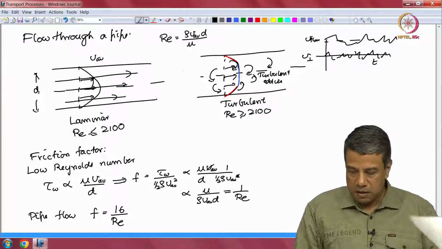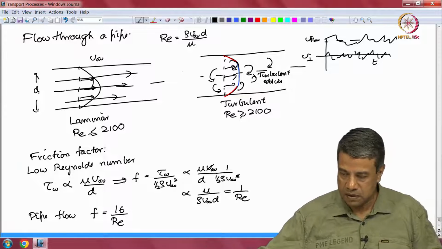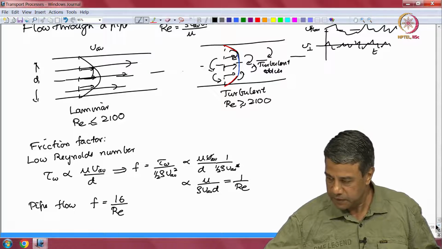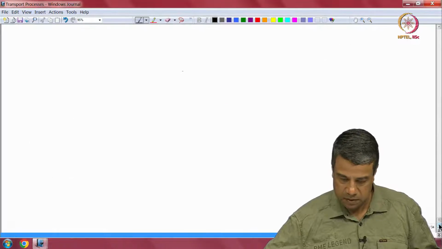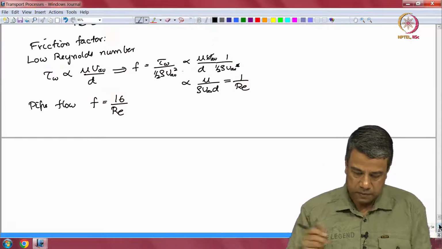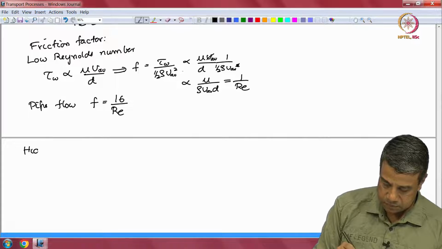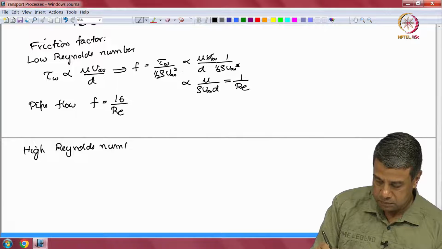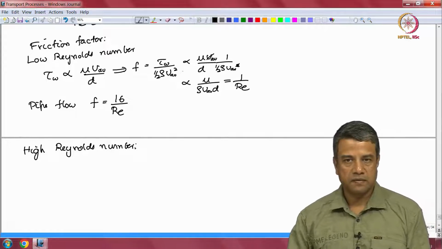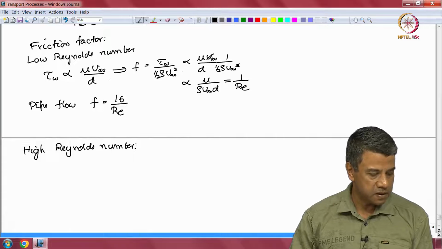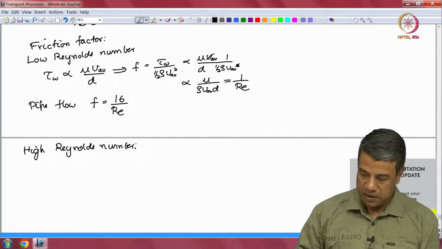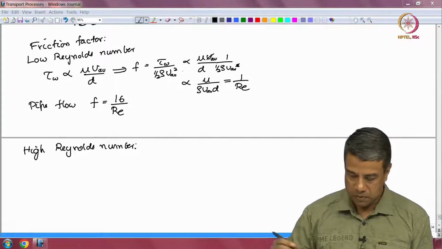Now, what about at high Reynolds number? At high Reynolds number you have a turbulent flow. The friction factor does of course depend upon the Reynolds number, but there is one other factor that it depends upon, and that is what is called the wall roughness.